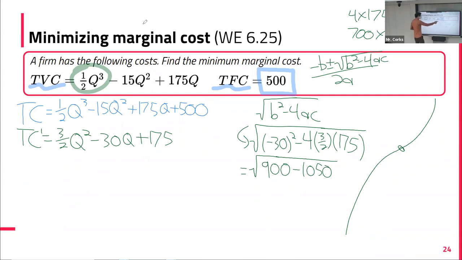Okay, so discriminants, just a little side thing: we can realize there are no turning points here. So let's look at our second derivative so we can find the inflection point. It's 3q minus 30. How do we find inflection points?